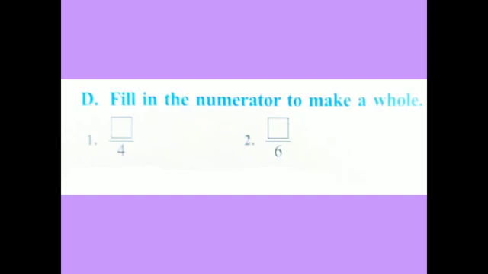So whatever is in the denominator should come in the numerator also to make one whole. So 4 by 4. Next, 6 equal parts are there. We have to shade all the 6 to make one whole.